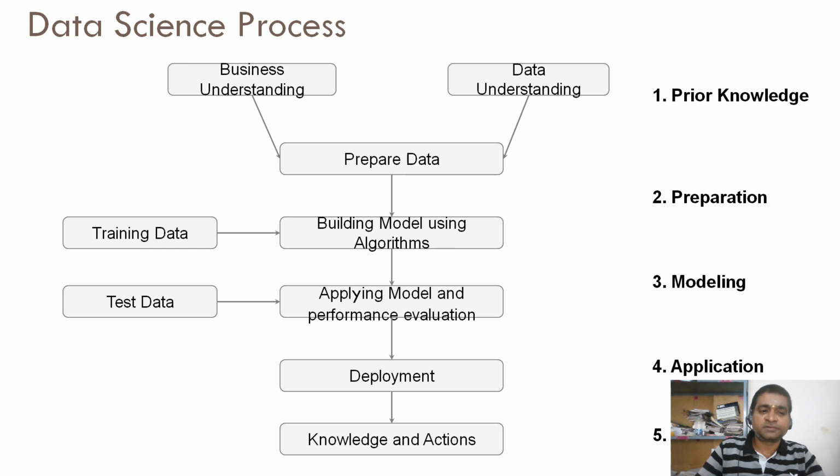For the training algorithms, there are so many algorithms available. We can use some algorithm and a training data set. With the help of the training data set, we are going to build the model. What is a training data set?